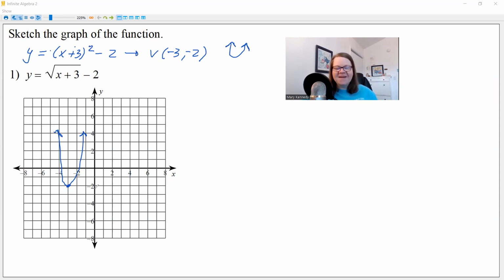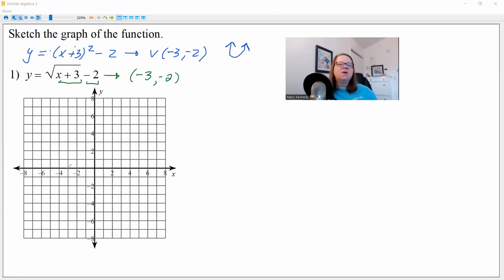Okay, so we know that about a quadratic. Well, let's use that idea and understand that a radical function is going to work very similar to this, as a square root function. In other words, what's happening underneath the radical is going to give us a really good starting point. And so it works the same way: the opposite number, -3, and then the number at the end is -2.